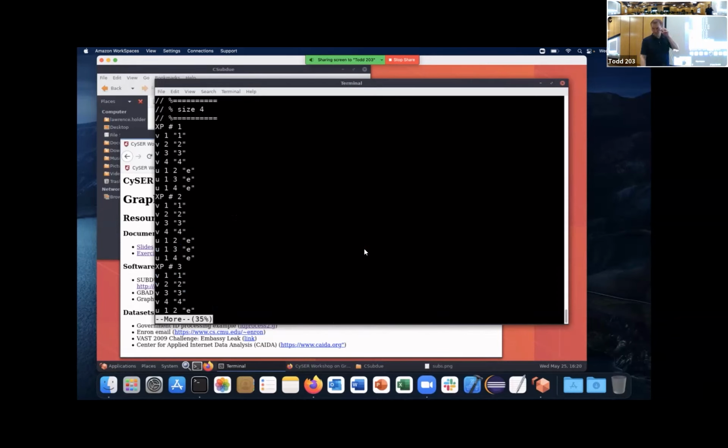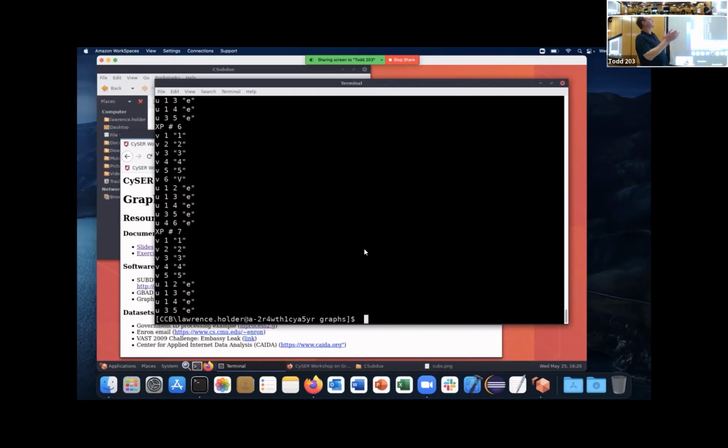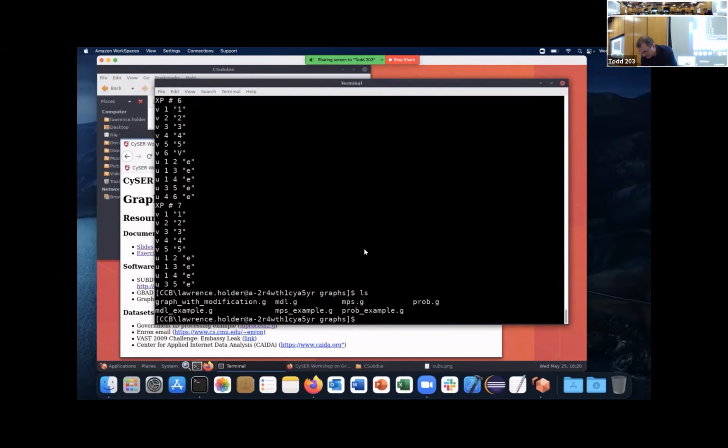You can see the format as we saw before. Obviously you could stare at this and try to find the anomalies, but one of the anomalies is going to be this added vertex V here, and you'll see that pop up as the anomaly. But first, we'll need to compile it.